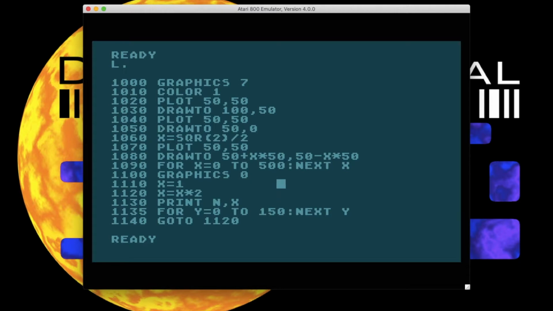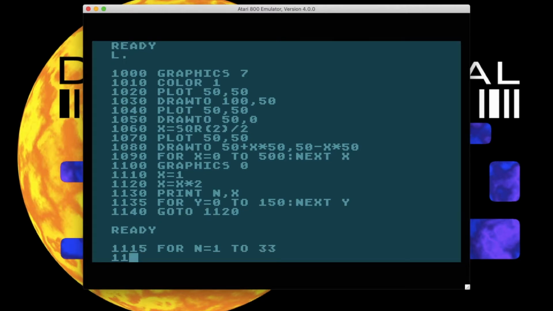And then let's see, 1115, back to that, 4, n equals 1, 2, 33. And then down at 1140, we're going to go next n.